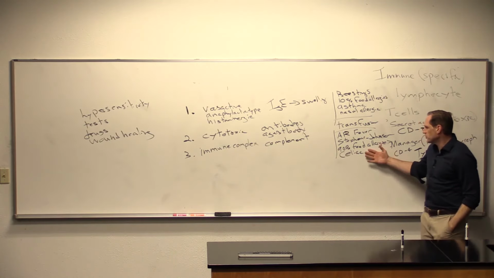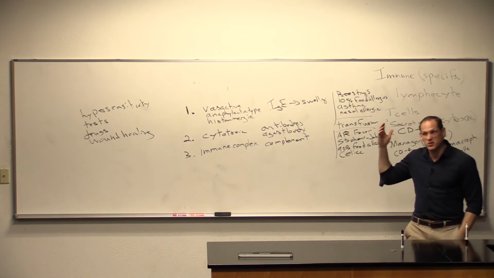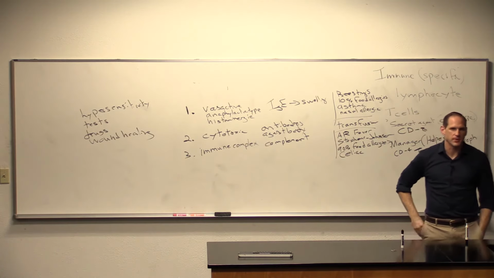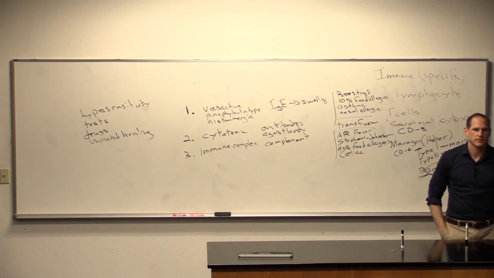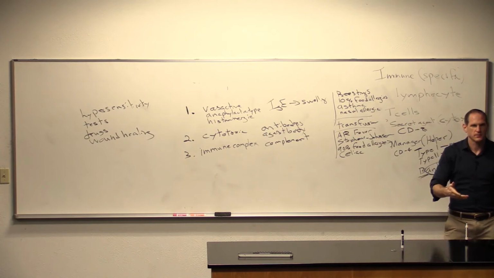Now, here's a fun little story. What if you're so allergic to a food that you could die from an anaphylactic reaction? What is one possible treatment? Allergy shots. Well, how do allergy shots work? What do they do? They actually give you tiny amounts of the antigen. Wait a minute.